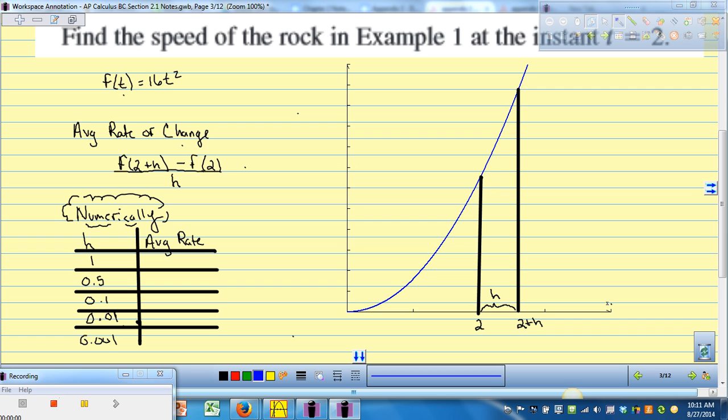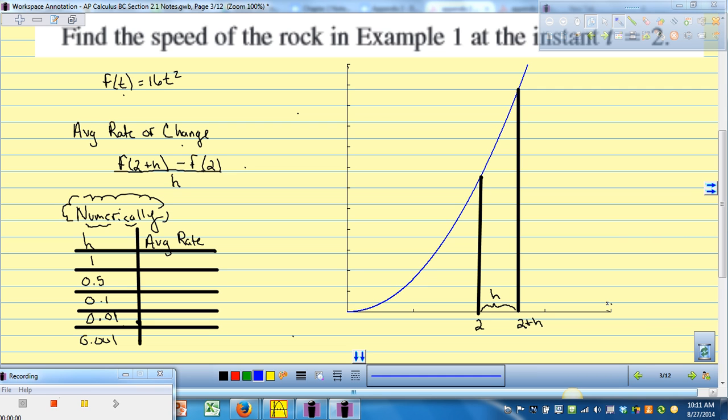All right? Well, I could approximate the instantaneous rate of change at 2 by doing the slope between two points, between 2 and, let's say, 3. Okay? How would my approximation be? Would it be good? It might be too fast. It might be too fast, yeah.